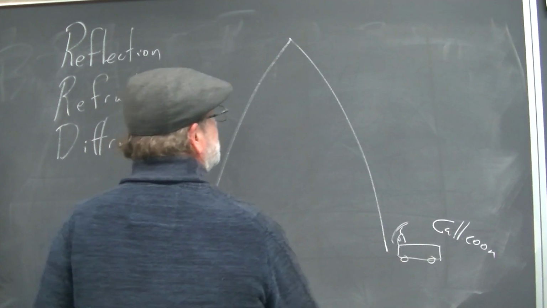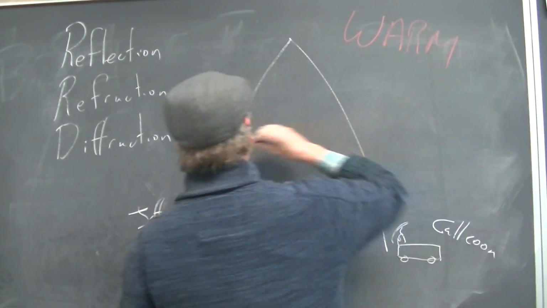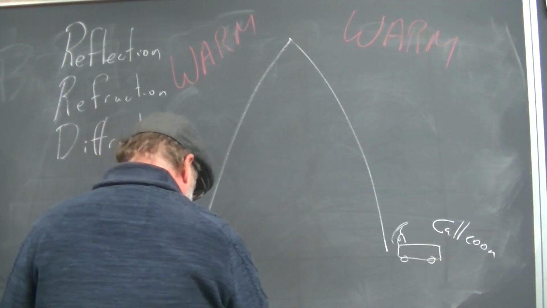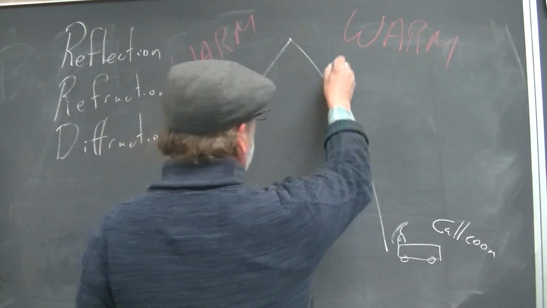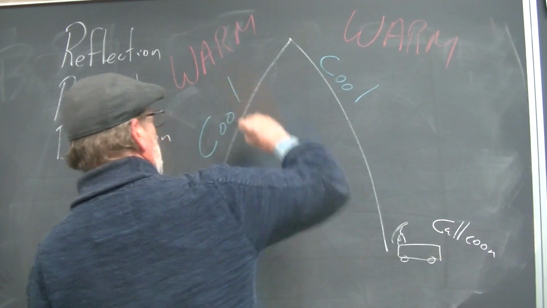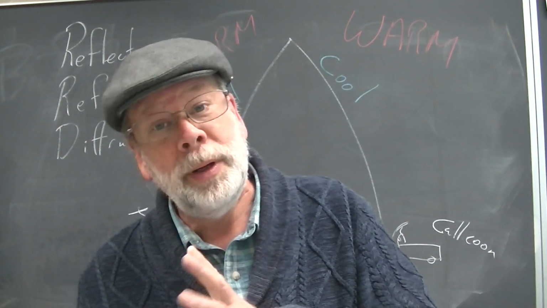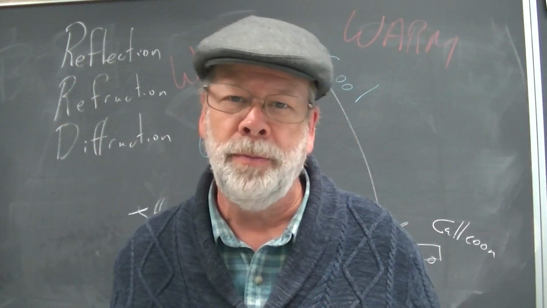So what we have is a layer of warm air up here. But right next to the mountain, the air is chilly as can be because the sun has just gone down and the mountain is radiating its heat away and also cooling a layer of air a little bit above the mountain.